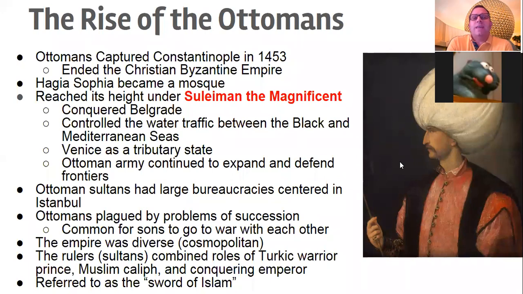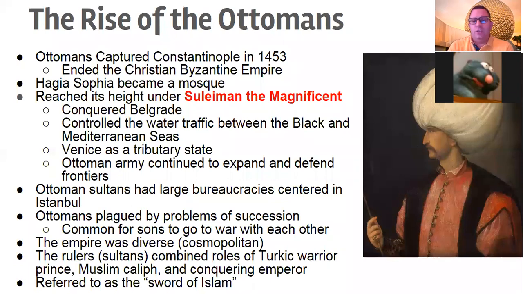Now, they set up a large bureaucracy for the government, very similar to what you see set up in China in terms of having a tribute system. Okay, the problem for the Ottomans, at least early on, is that when Suleiman dies, there's a lot of fighting over who would replace him, okay? There was not a very clear line of succession.